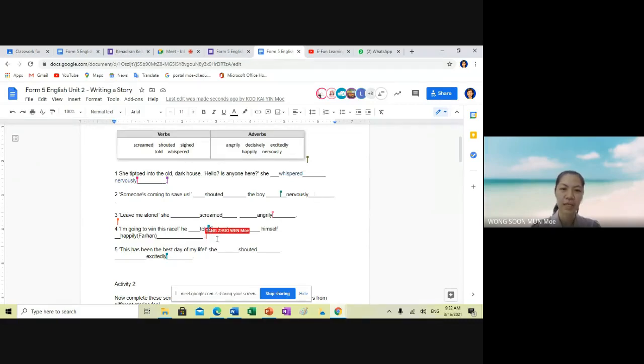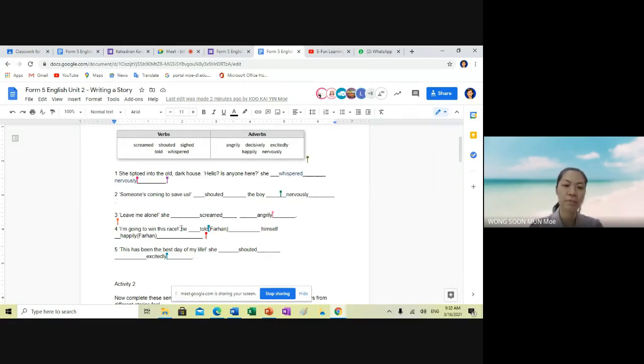That means he is very confident that he's going to win, so he said it very happily. He told himself happily. Any other more suitable answer? Look at this sentence: "I'm going to win this race." It can be like what I said just now, that he's very confident that he's going to win.